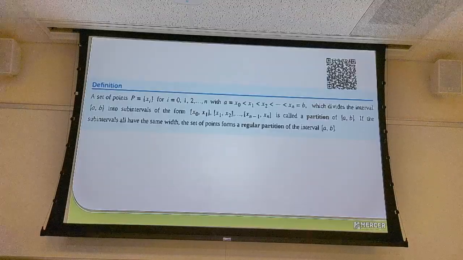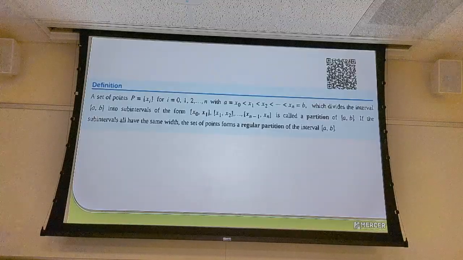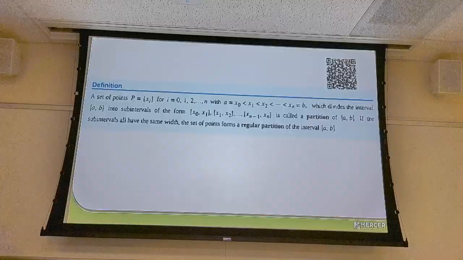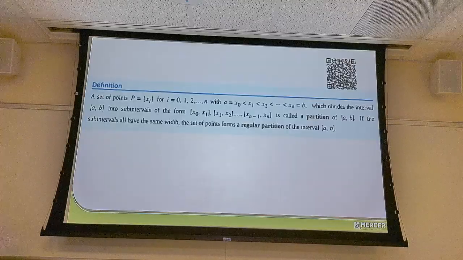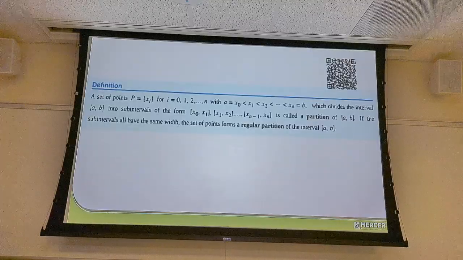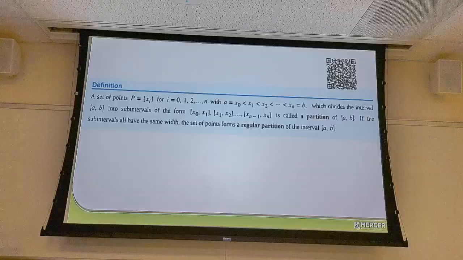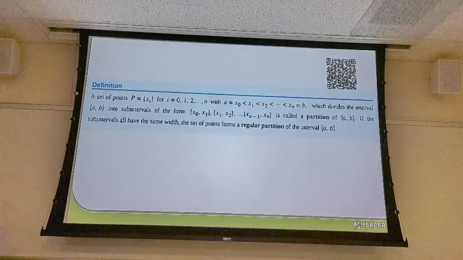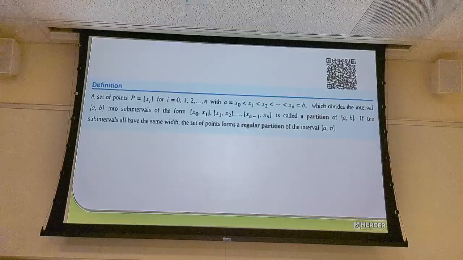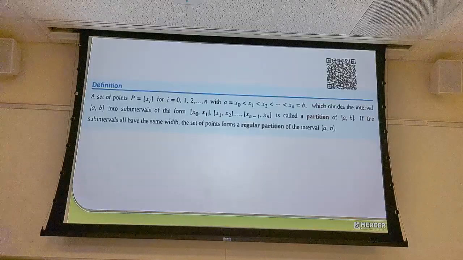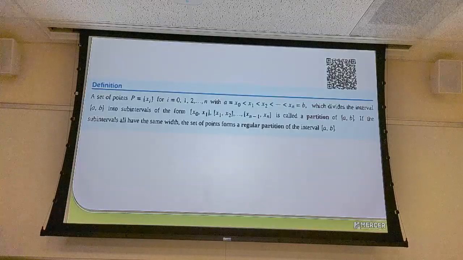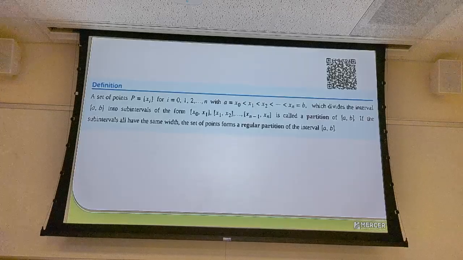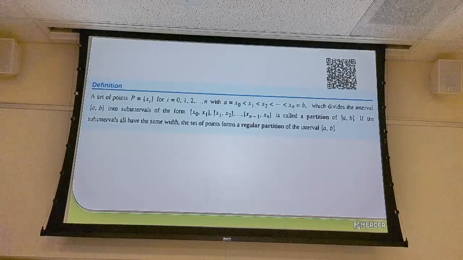But notice what it doesn't say. It doesn't say that all those points have to be equidistant from each other. So for the interval 0 to 10, I could go 0, 1, 1.5, 8, 9, 9.2, 9.9, and 10. That's a partition.